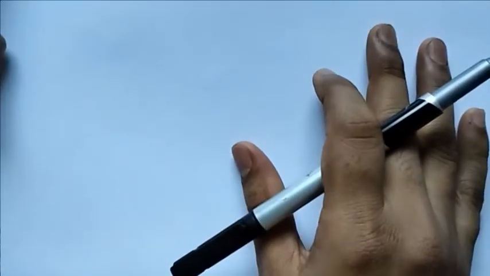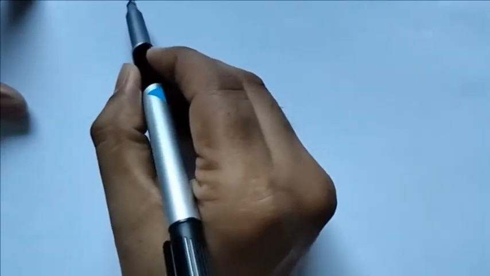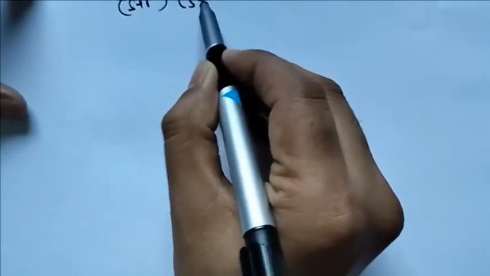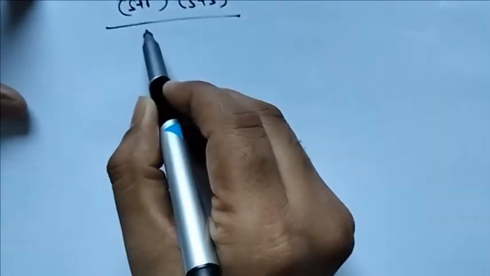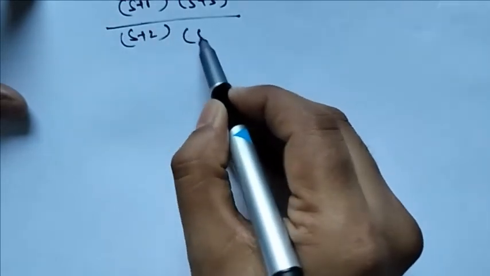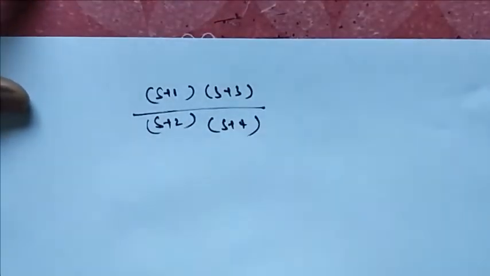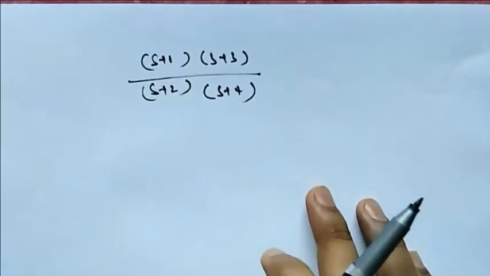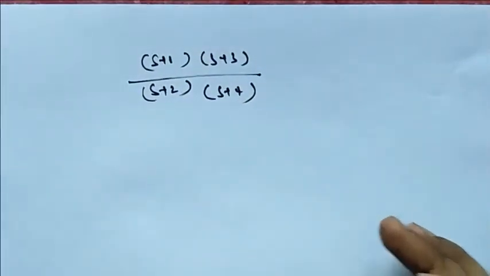Now, taking an example, let us write it down: S plus 1, S plus 3, over S plus 2 and S plus 4. This is the example that we have taken. First we need to know whether it is an RL function or not.